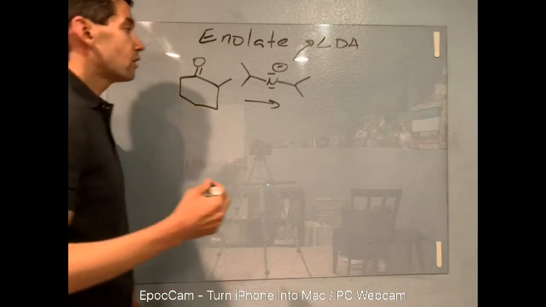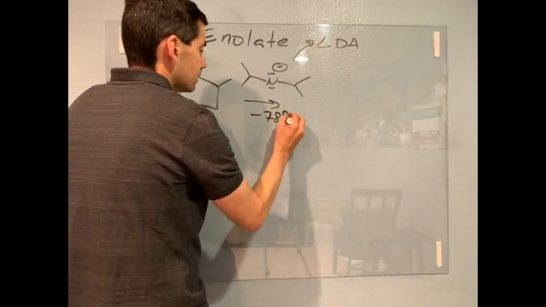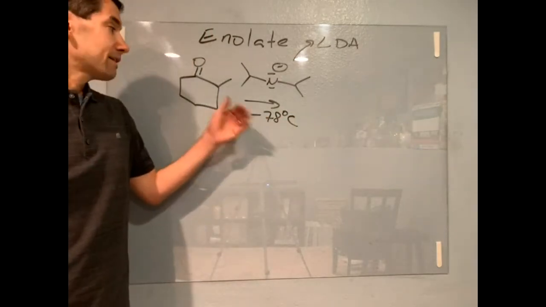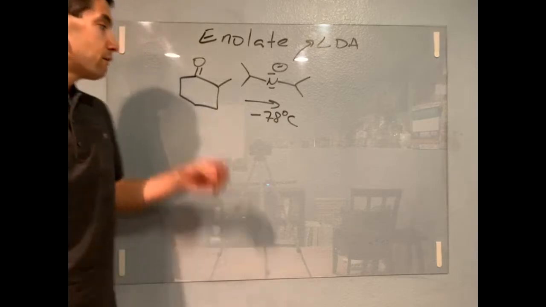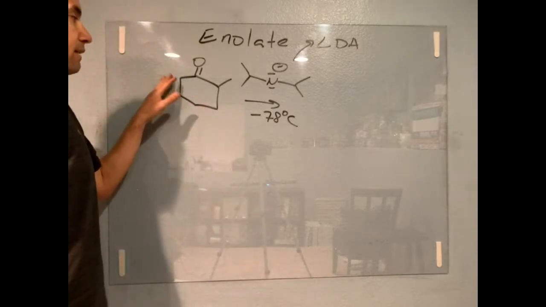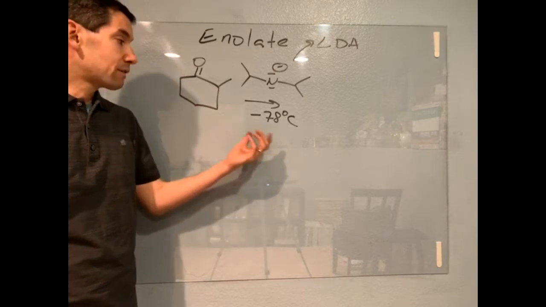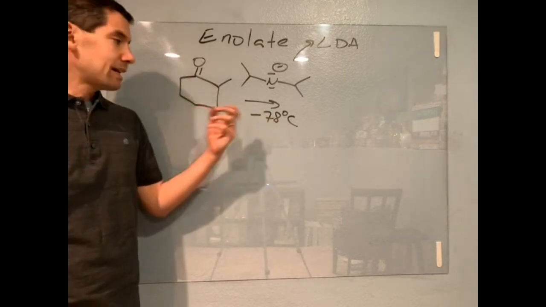Now, not only are we using LDA, but we're going to do this at very low temperature, minus 78 degrees Celsius. As we talked about, we're making the kinetic enolate. This enolate forms very, very quickly. It forms so fast that we have to worry that it may equilibrate to a more stable enolate. So we make it very fast, and we do it at lower temperature so that once it forms, it's kind of stuck in that form, right?